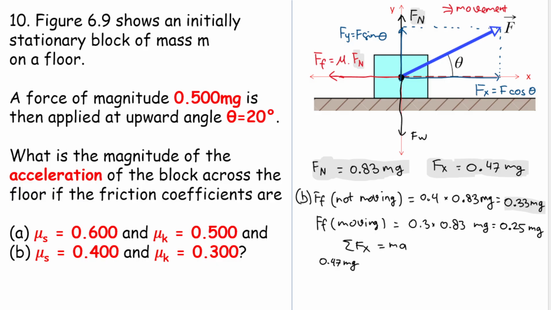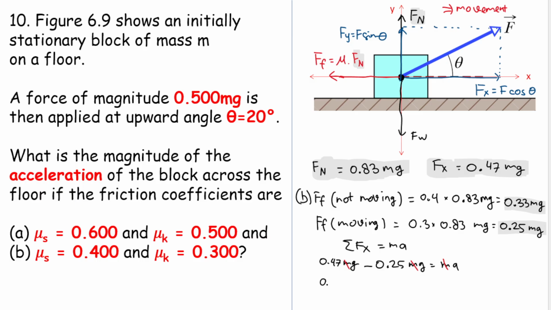However, because this is moving, we use this value here, 0.25, right? So I have minus 0.25 mg, and that will equal the mass times acceleration. Okay, and we can divide both sides by the mass here.